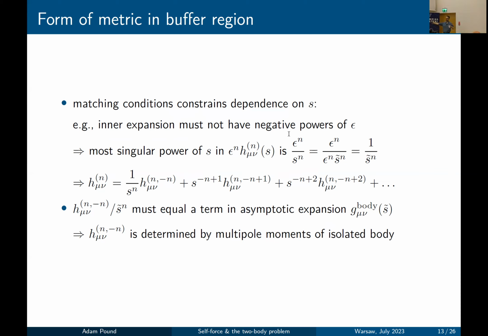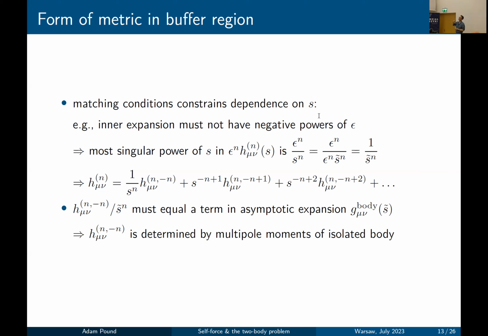If you just took a random region of space-time with no body inside it, you would mess things up by working in these scaled coordinates and then taking epsilon goes to 0. But if there's a body inside it, then the body's gravity should be supporting these functions of s over epsilon. Okay, so we're assuming that there's no negative powers of epsilon at fixed s tilde.